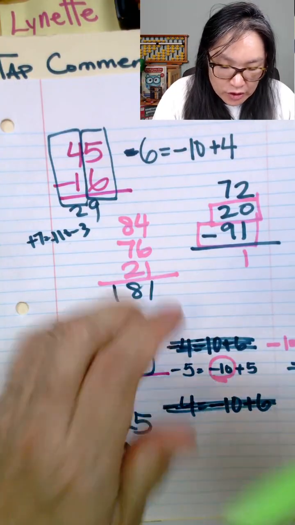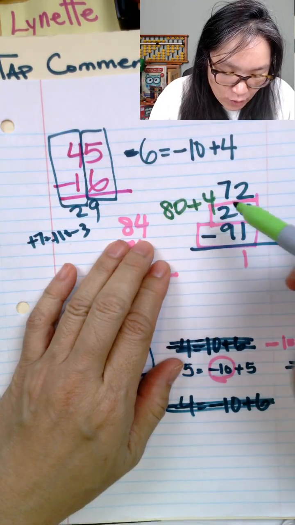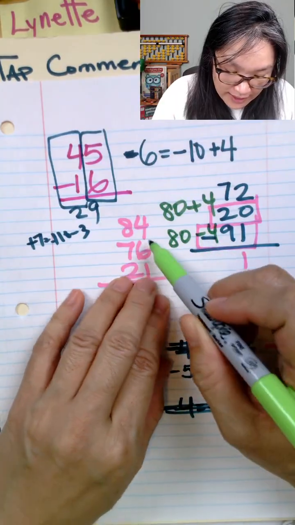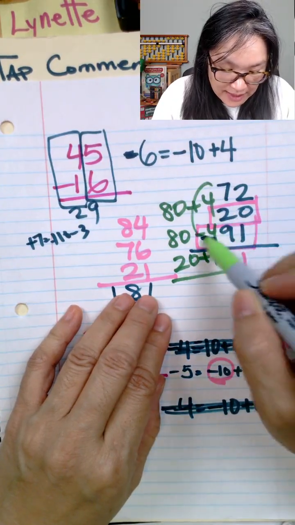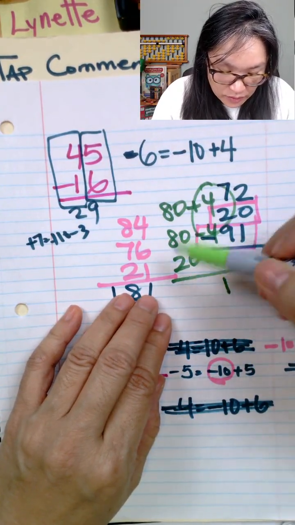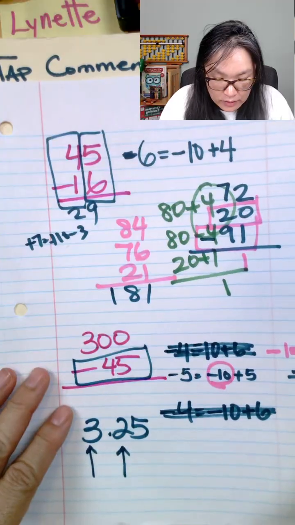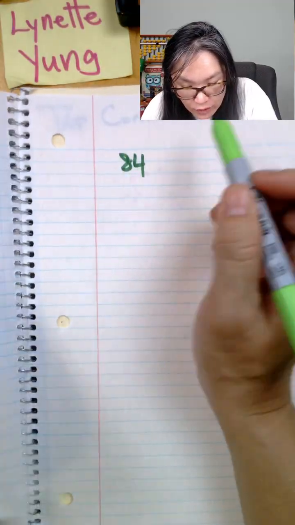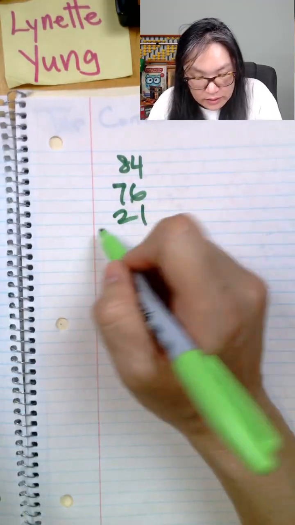We don't do strategies like, this is 80, so this is 8 and then plus 4, and then this is 8 minus 4, and then this is 20 plus 1, and then this cancels out, and then we get 1. We don't need to do that. So in this question, if I rewrite it, what we do is we just work it out. So we have 8, 4, 7, 6, 21.